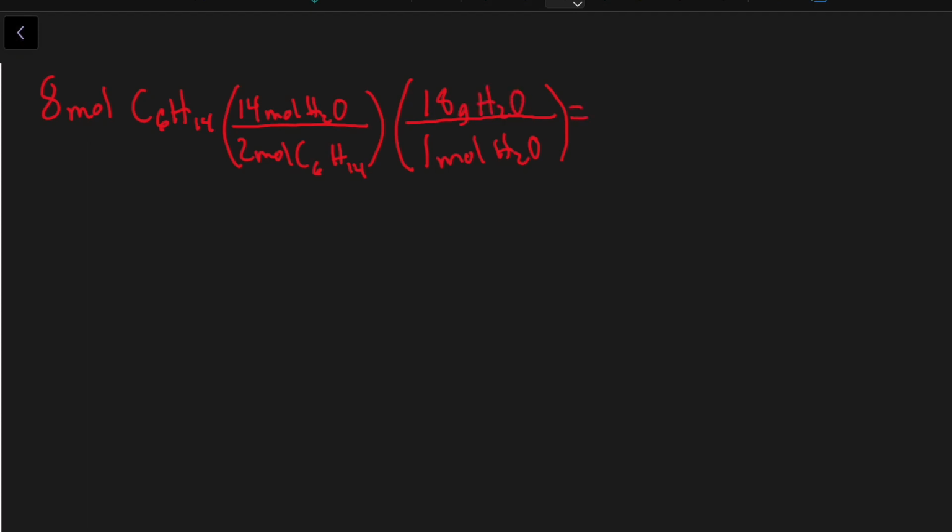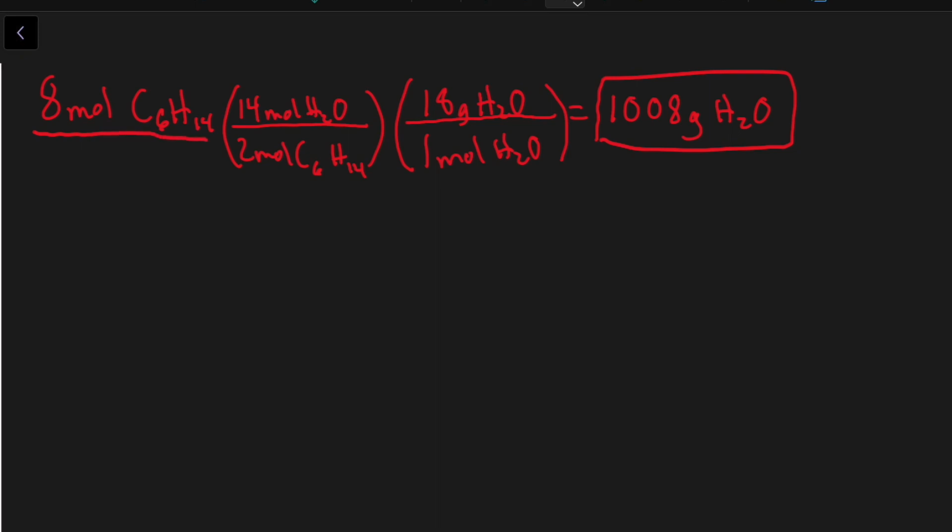After you multiply 8 times 14 times 18 over 2, it results in 1008 grams of water. Okay, so this is the amount of water that is produced in grams from the combustion of 8 moles of hexane. So that is the first part.